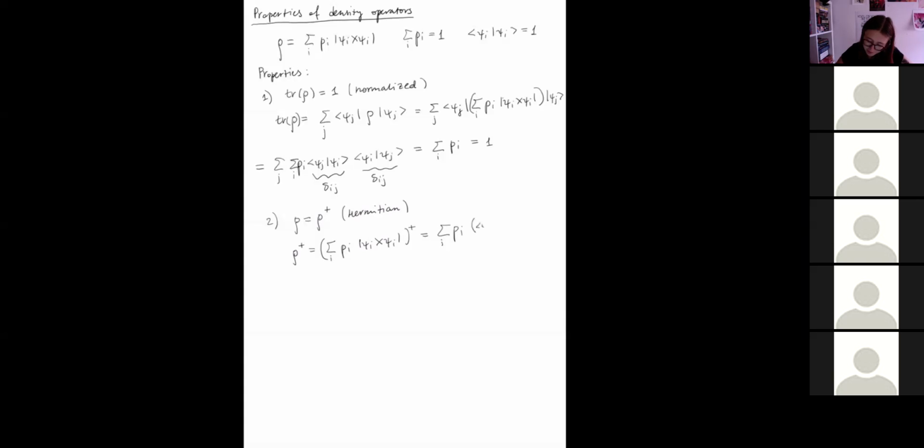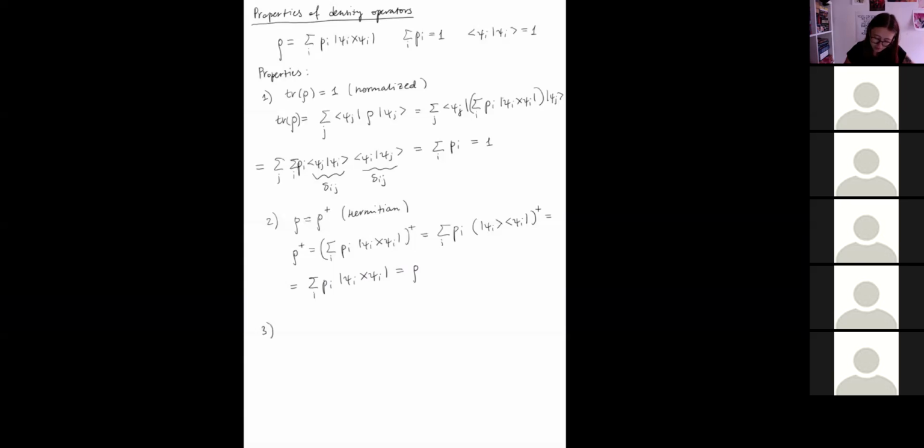And here what we get is |psi_i><psi_i| dagger, which corresponds to itself, |psi_i><psi_i|, which equals rho. Okay, so we have shown that the density matrix is Hermitian.